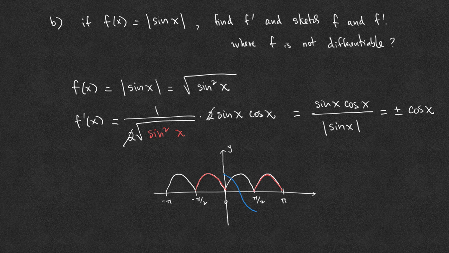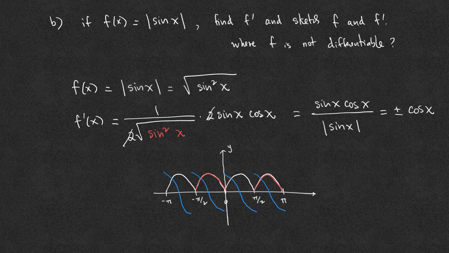But from pi over 2 to pi, we would end up with the negative cosine of x, which is now flipped. Similarly, from negative pi over 2 to 0, we would end up with the negative cosine of x, and so on. The blue graph is the graph of the derivative.